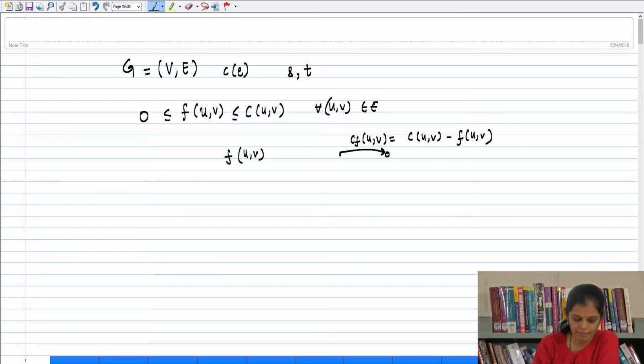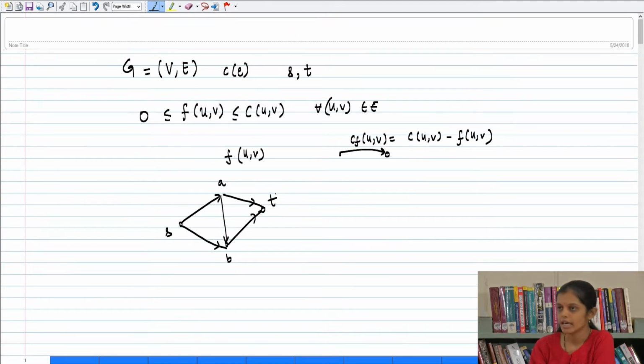So for example, let me just draw this simple example. I have this simple flow network S, A, B, T, and I have a unit capacity on every edge. So I will not write down that, and let me say that I have a flow. So typically it is customary to write in the flow networks that I have sent 1 unit on this, for which it had a capacity of 1.